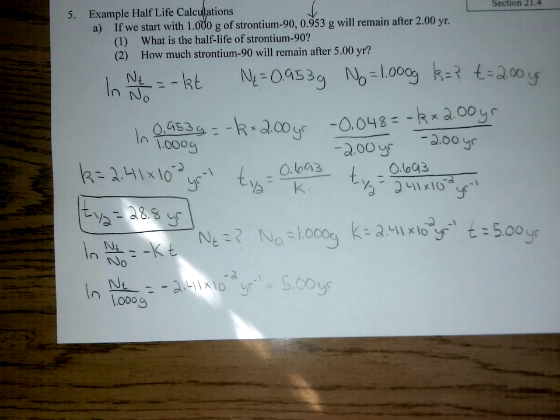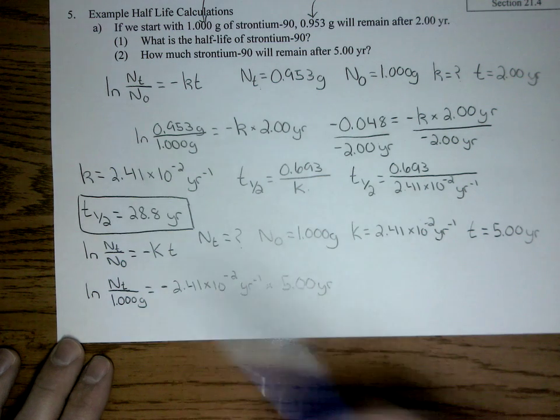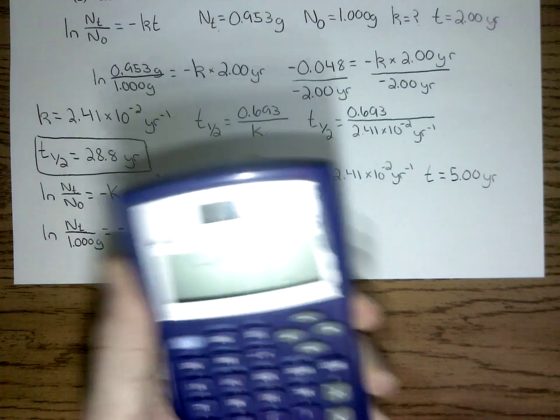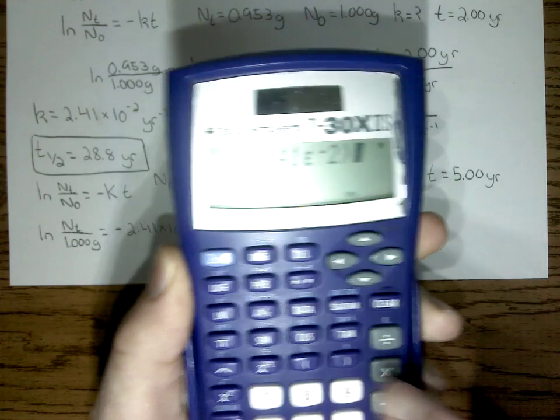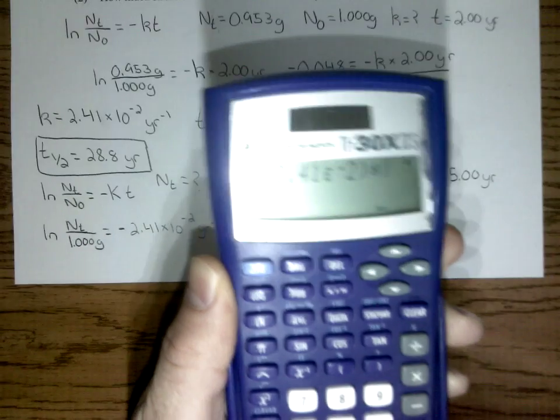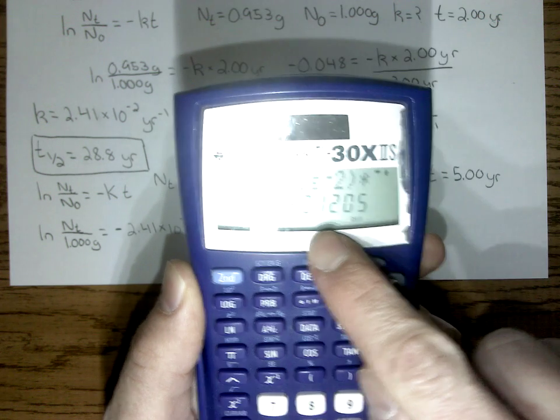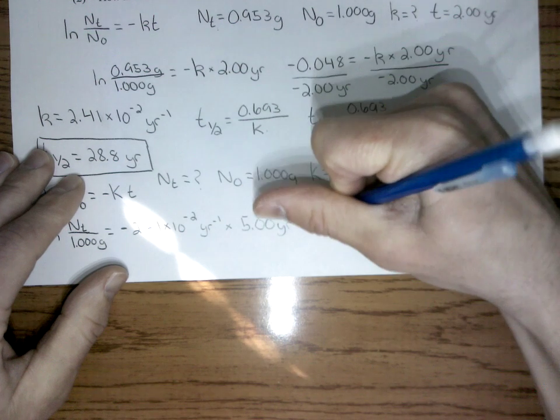So there's a couple ways that you can solve this algebraically. What I like to do is consolidate this business here, and then I worry about getting rid of my natural log. So again, what I'm going to plug in my calculator is negative 2.41 times 10 to the negative second, multiply that by 5.00, and I get negative 0.1205.